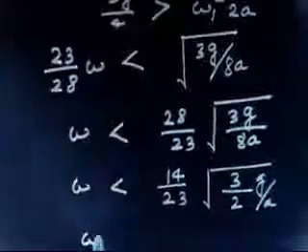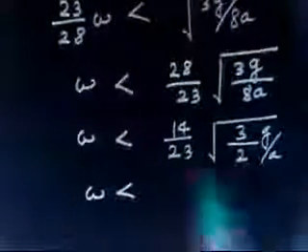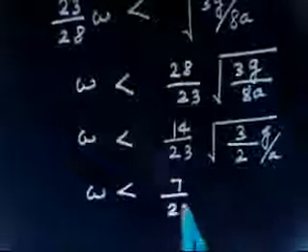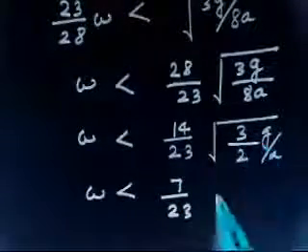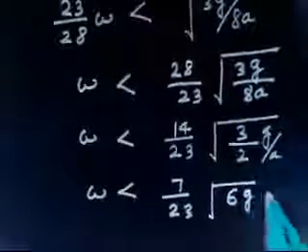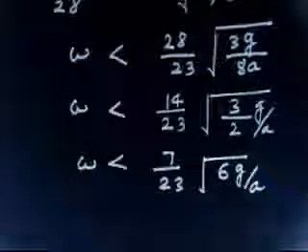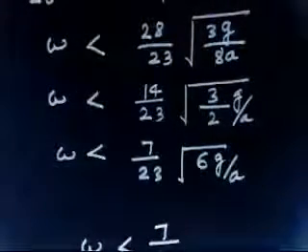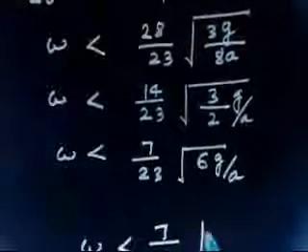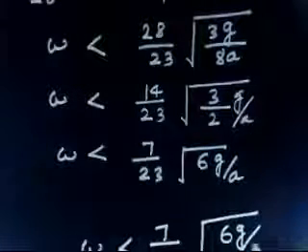Or I can also write the same thing, omega should be less than, let us take 7 by 23 and this 2 goes out. So we will have 2 multiplied by up, 2 multiplied by bottom, so we will have 6g by a. So what are the conditions you have? One condition is omega should be less than this value, 7 by 23 under root 6g by a.